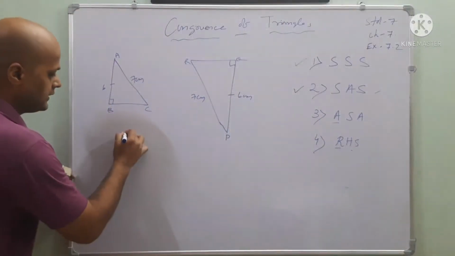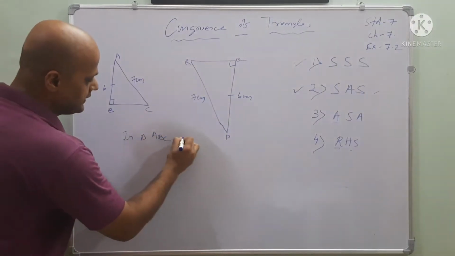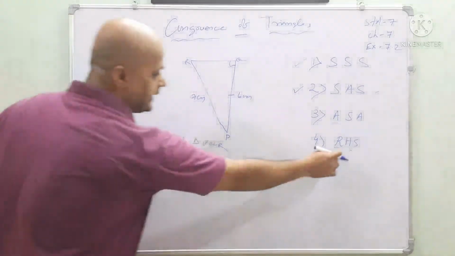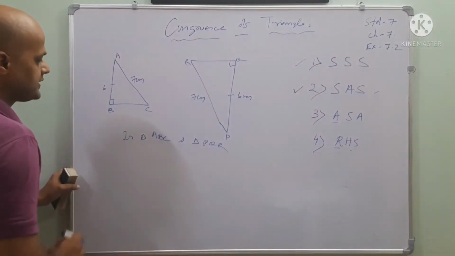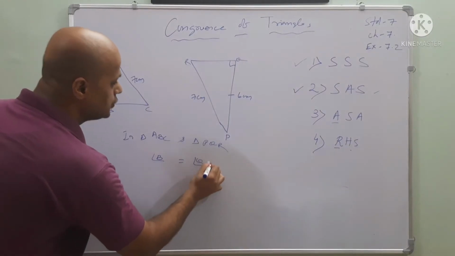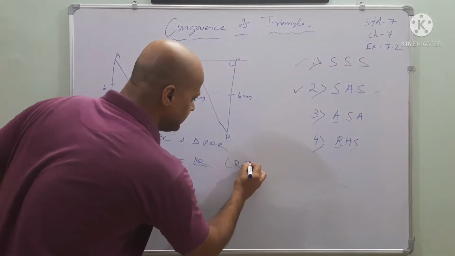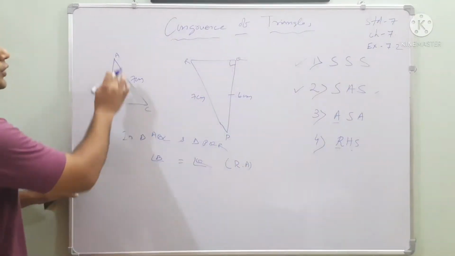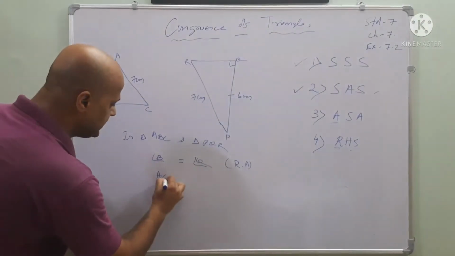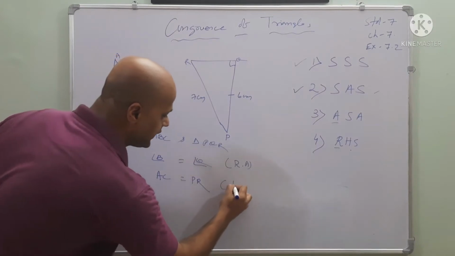Again same thing. Write the statement. In triangle ABC and triangle PQR, first, right angle. Which one is right angle in ABC? Yes. Angle B is equal to angle Q in PQR. Yes or no? This is right angle. Then hypotenuse. Which one is the hypotenuse in the triangle ABC? Yes. AC is equal to PR. It is hypotenuse.